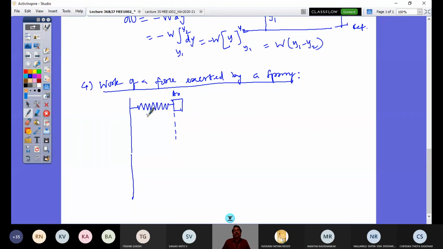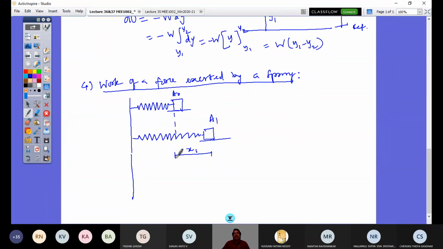So now what is happening is I'm stretching this spring, meaning I'm pulling this block to a position, say A1, where this displacement is say x1. So the moment I pull this like this, this is the horizontal platform. So I can have this block constrained to go on this smooth horizontal surface, assume for the time being.